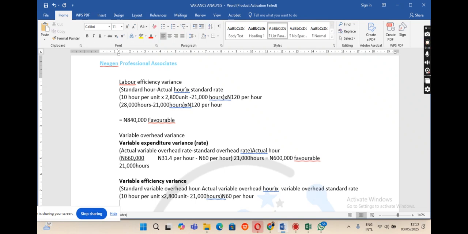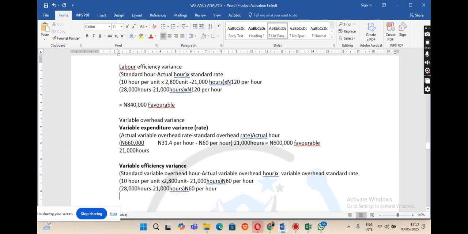So when you multiply, this will be 28,000 hours minus 21,000 hours, times the 60. So what do we have? Is it favorable or adverse? Favorable. 7,000 times 60 gives 420,000.